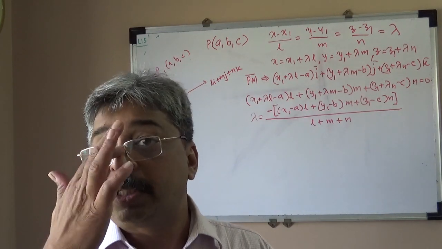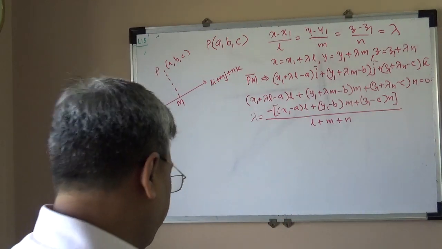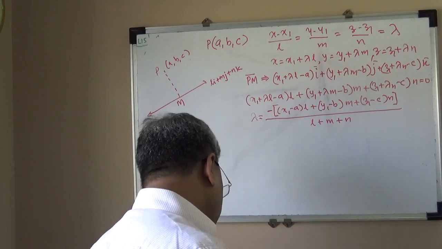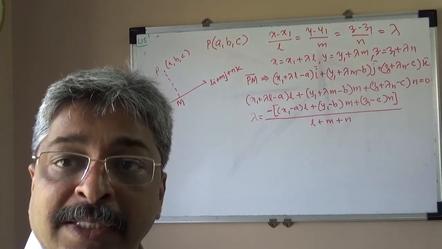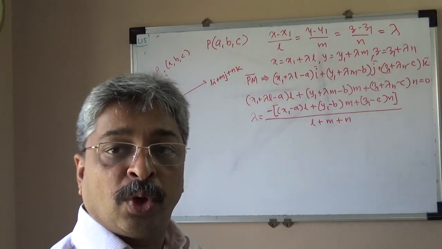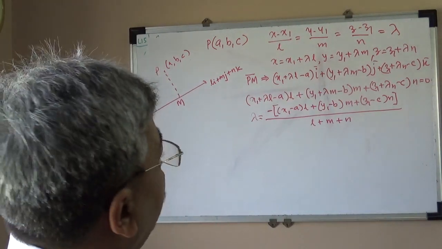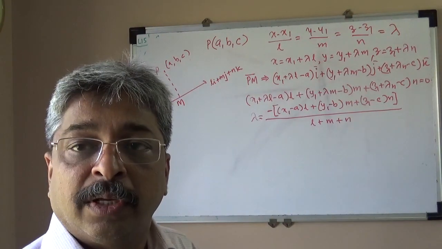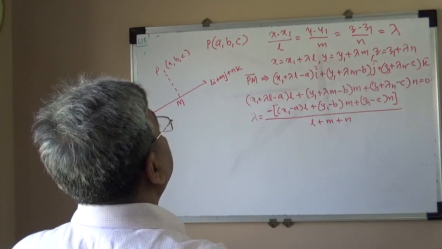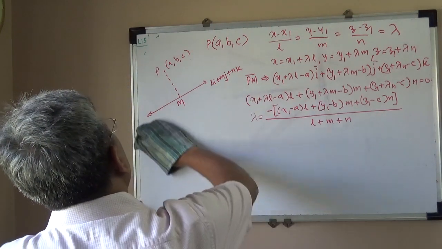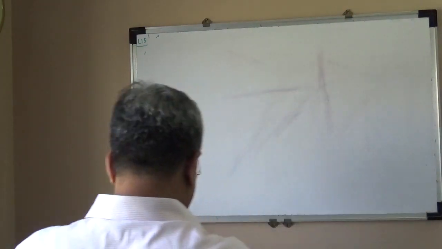Now I will do distance of a point from plane right now in this video, and the remaining two things, which are distance between two skew lines and distance between two parallel lines, you can try on your own or refer to the notes. It is absolutely simple, and anyway we have done it in vector. So let us now do the distance of a point from a plane and put a perpendicular.